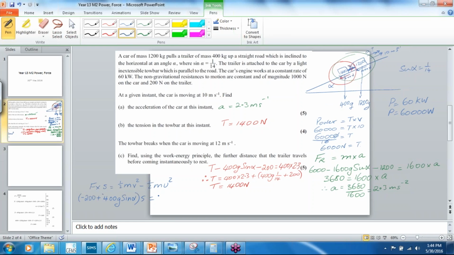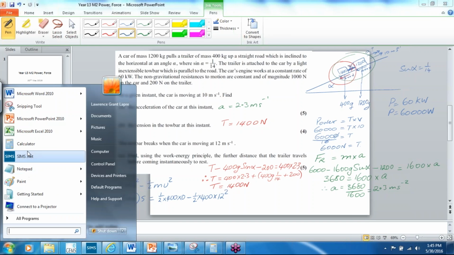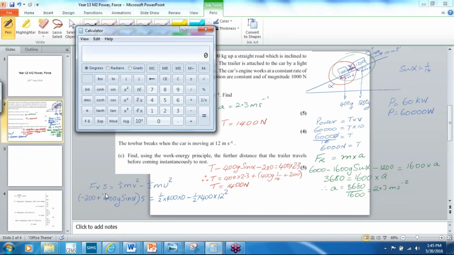times s will equal our final velocity of 0, minus half times m and our initial velocity of 12 meters per second. So let's do this calculation. In this bracket we have a negative 200 and a negative 400 times 9.8 divided by 14.